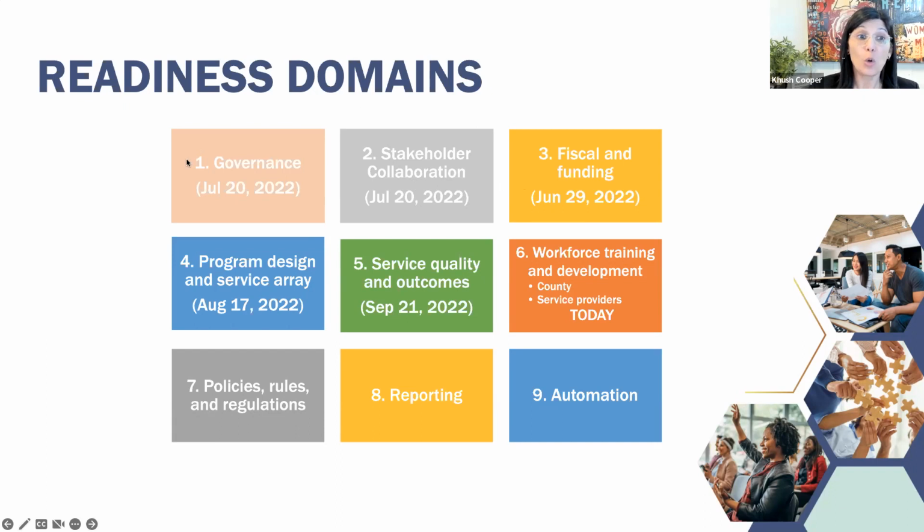So then those groups could start to have a conversation locally about program design and service array, which is the next readiness domain. And that should be where many of you are right now, is finalizing who your target populations are, negotiating that with your stakeholders and your governance groups, and then figuring out what service array do you have versus the service array that you want to serve that target population. And we covered all that on August 17th.